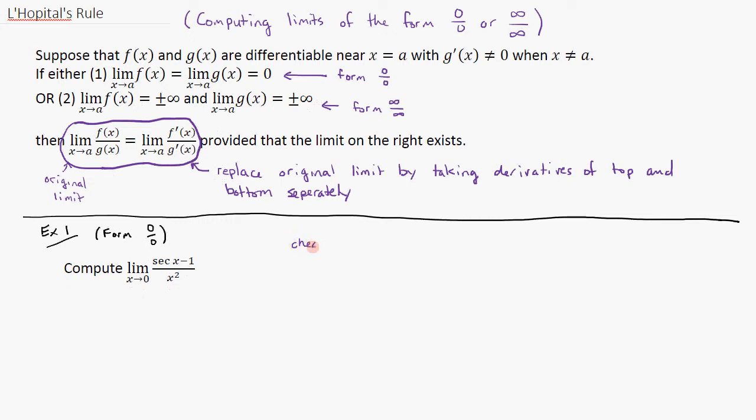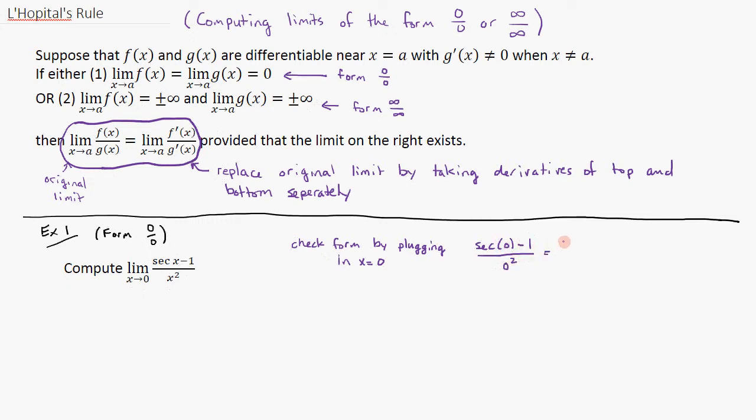So we check the form by plugging in x equals 0. Plugging in x equals 0, you get secant of 0 minus 1 over 0 squared.